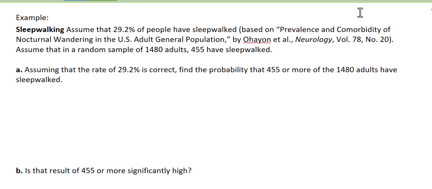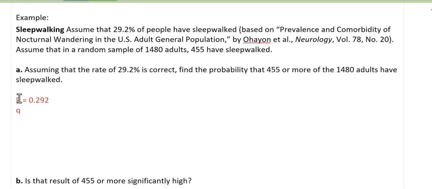So what is P? We can say that P is the 29.2%, so 0.292, so that's P. So what about Q? Q is the failure. So Q, how do we find out?